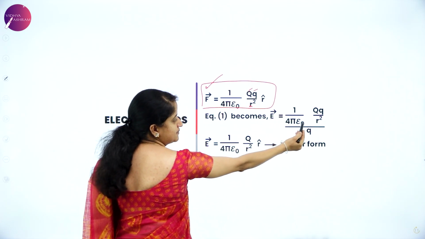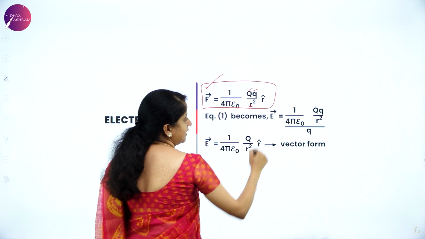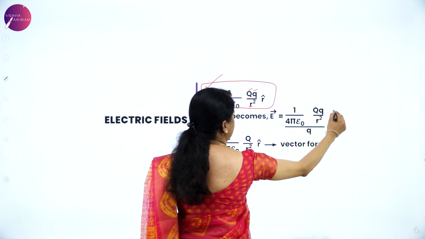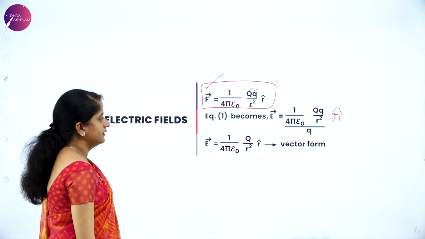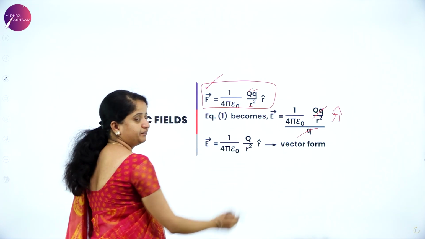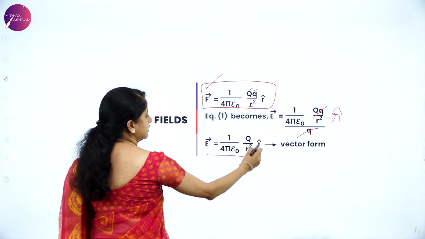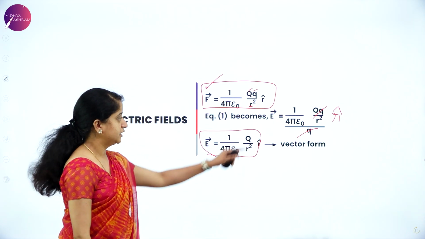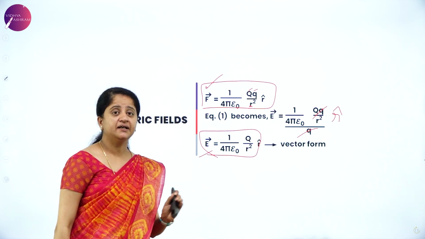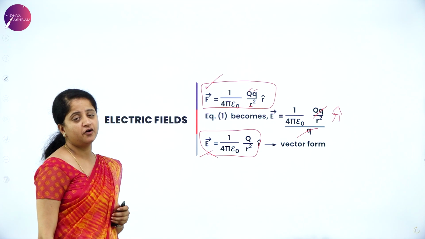That is 1 by 4 pi epsilon naught Q into Q divided by R square divided by Q, and here we have R cap. Now we can cancel Q and Q because they are same. So we remain with E is equal to 1 by 4 pi epsilon naught Q divided by R square into R cap. This is the vector form of electric intensity due to a point charge.